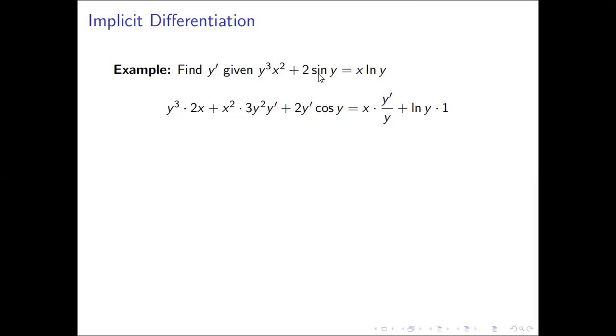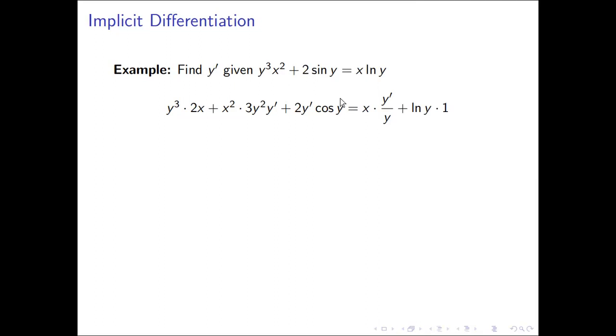Then we do the same for the second term, where we differentiate it, applying the chain rule, remember, for trigonometric functions. So that's just 2 times the derivative of sine y. How do you differentiate sine y? We know that the derivative of sine y is cosine y.